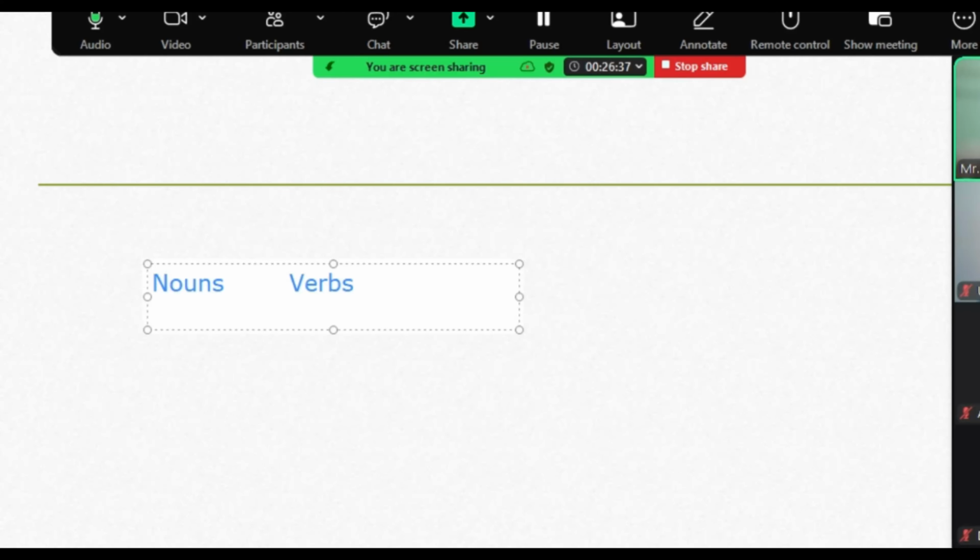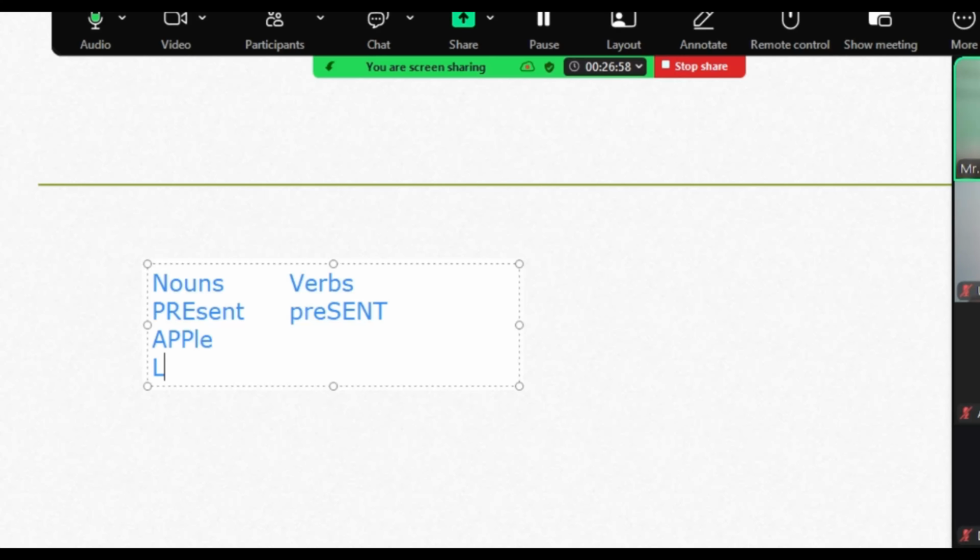Now you're talking about two-syllable words, right? So we have, let's say here, PRESENT as a noun, and PRESENT as a verb. And you can think about other words that have two syllables.